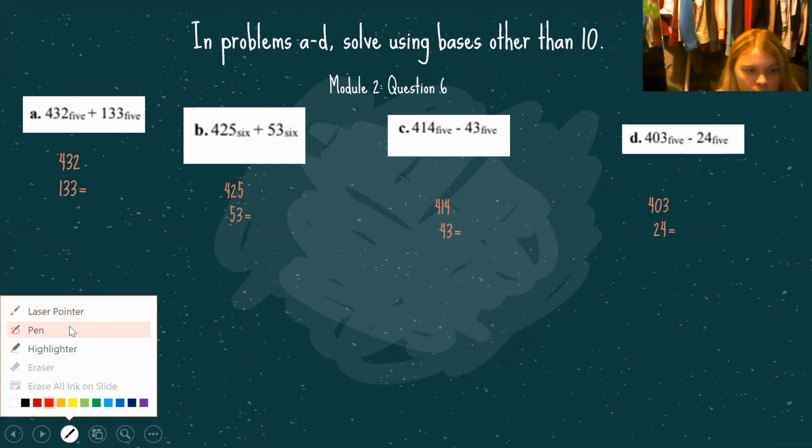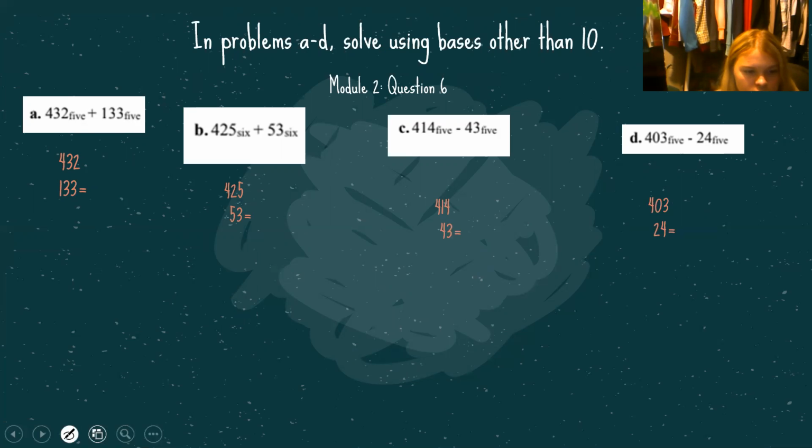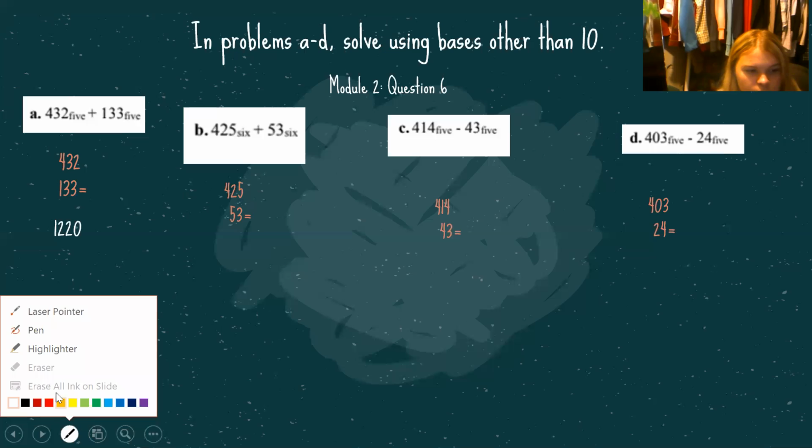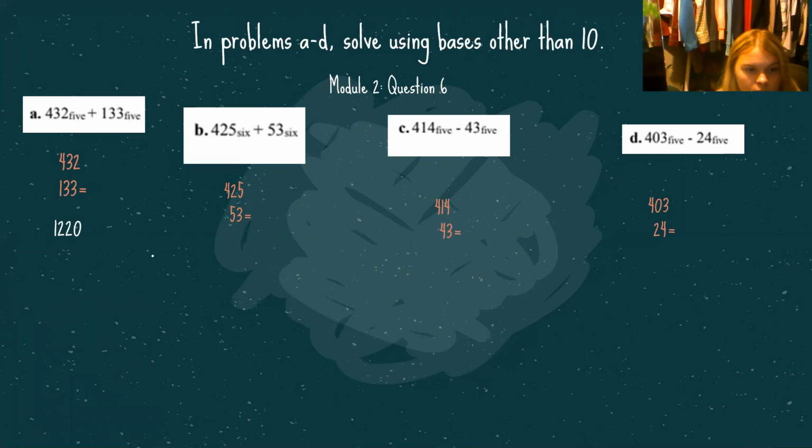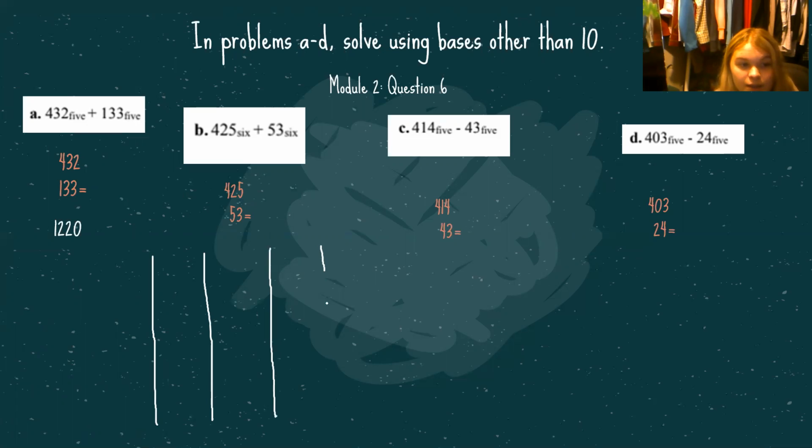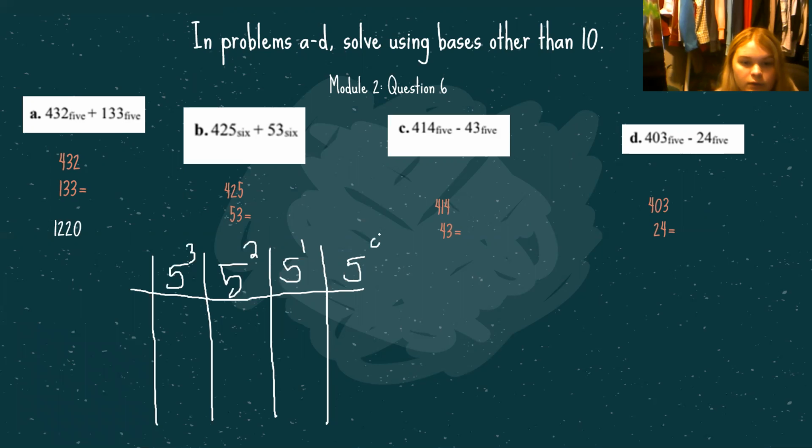So we are going to make a little chart. Alright, so for base 5, we're going to have 5 to the third, 5 to the second, 5 to the first, and 5 to the 0.